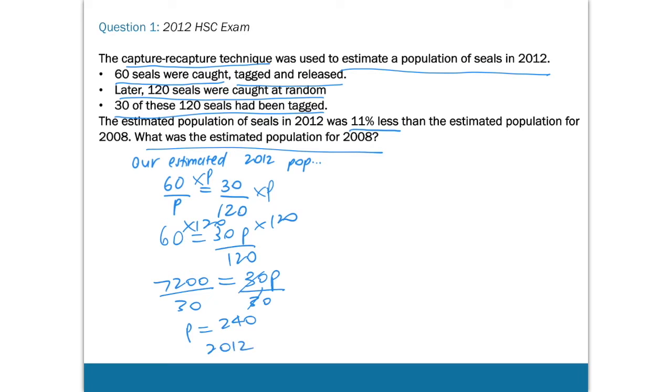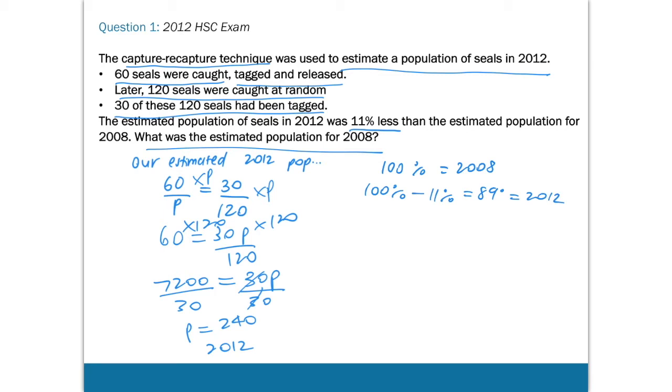But we know that 2012 was 11% less than the estimated population for 2008. So if 100% is 2008, then 2012 is going to be 100% minus 11%, which is 89%. So that's 2012.